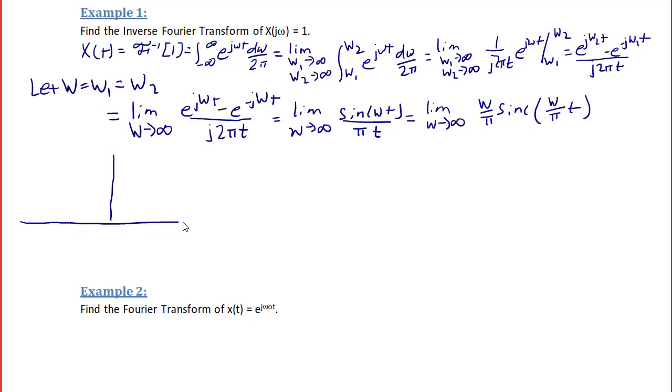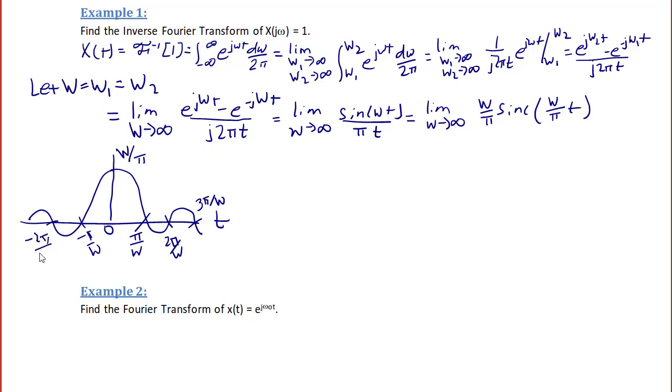So here we have our sinc function, and the amplitude is w over pi at 0, and the zero crossings are at pi over w, 2 pi over w, 3 pi over w, or the other direction, negative pi over w, negative 2 pi over w, and so on. So then we want to see what happens as w goes to infinity.